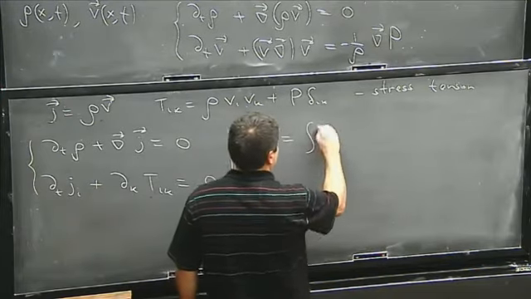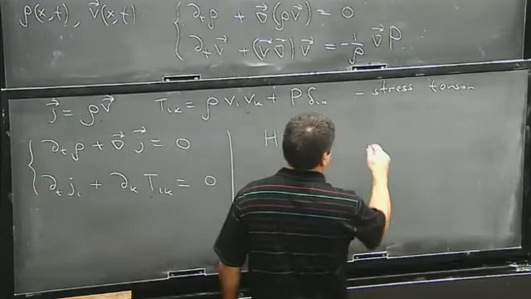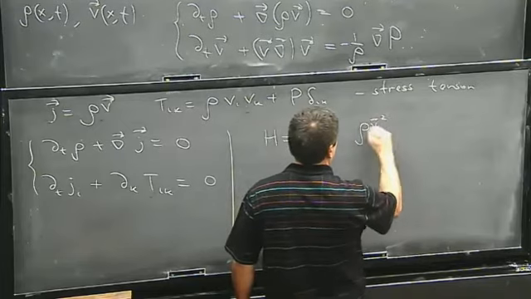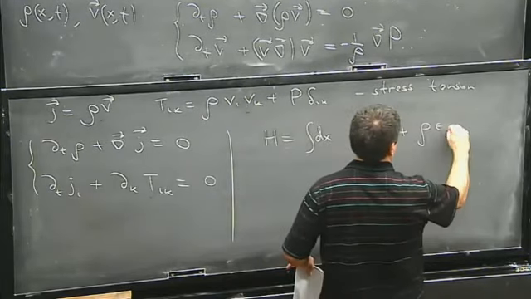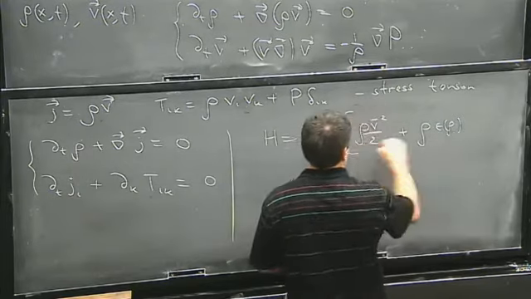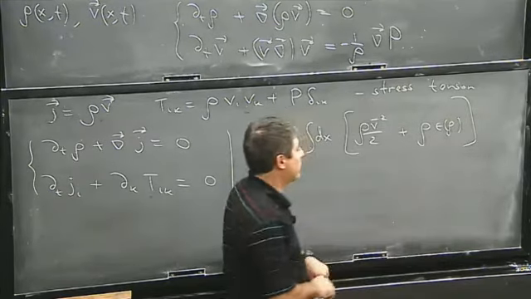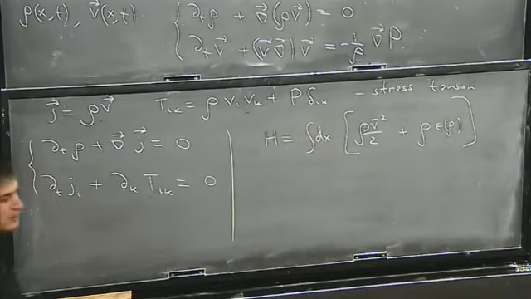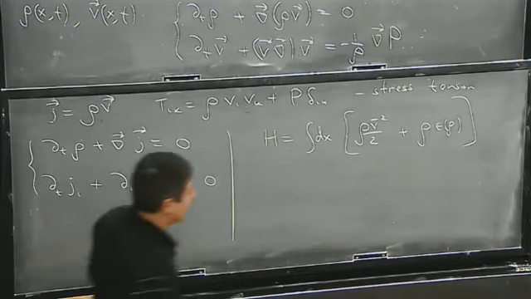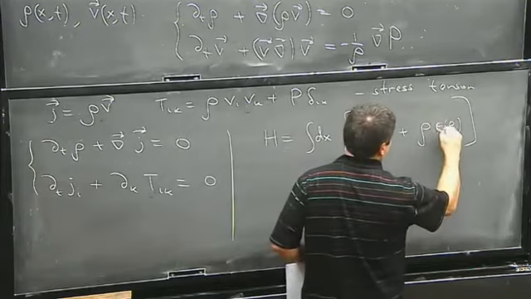We just write the Hamiltonian as the integral dx of rho v squared over 2 plus rho epsilon of rho. It's traditionally written in terms of epsilon of rho, which is the energy per particle in this state. This is a new letter, epsilon.